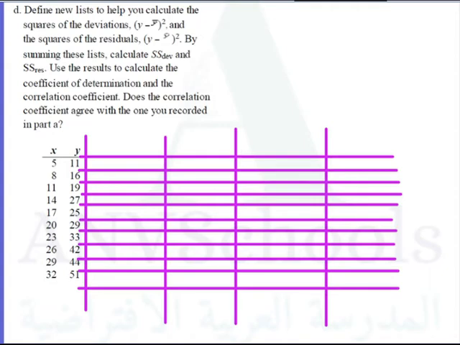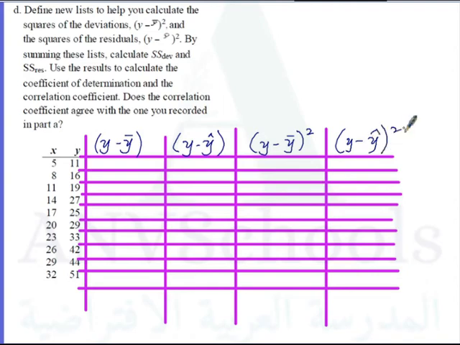The first one will be for y minus y bar, which is for the mean, and this is for the residual. This is for the squares of the deviations from the mean, and this is for the squares of the residuals.